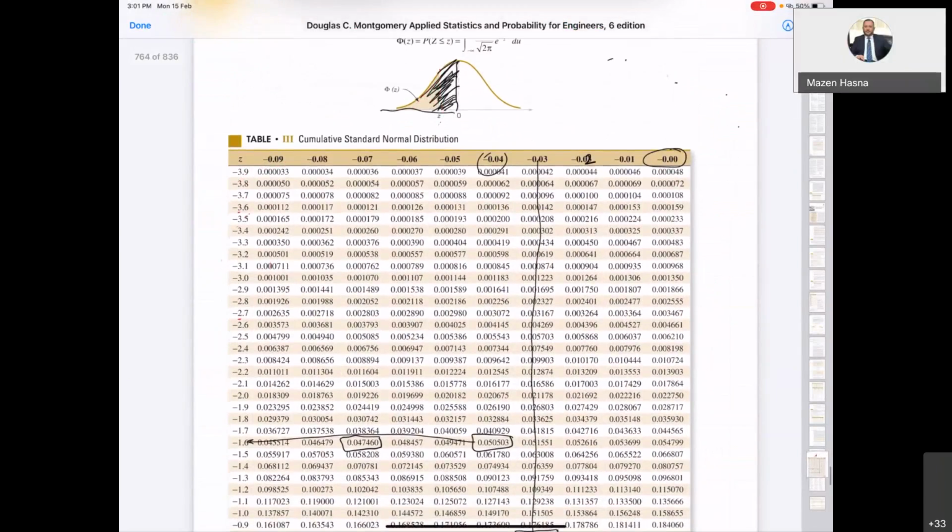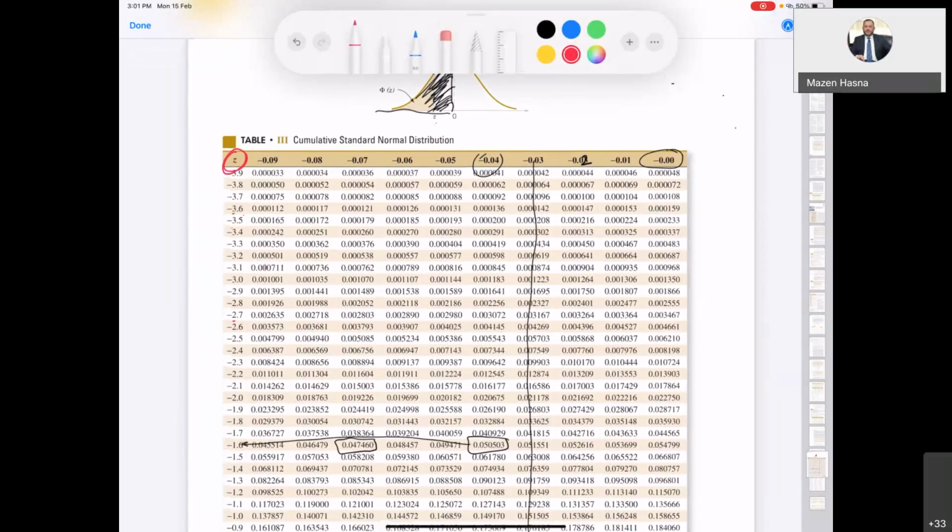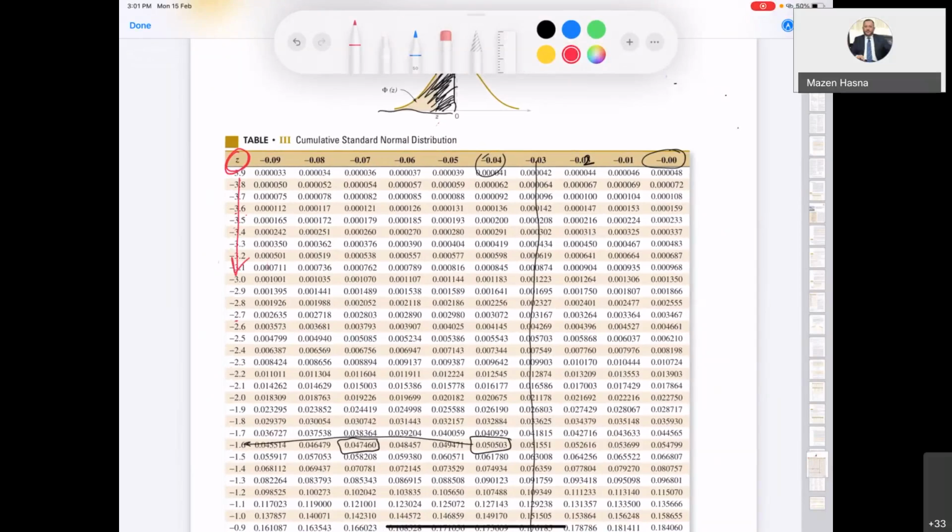As you can see in this table, there's a Z on this corner. I hope you will be able to see it. And then there are numbers here and numbers here. Any number you are interested in is composed of those two numbers, and the body of the table is the probabilities.